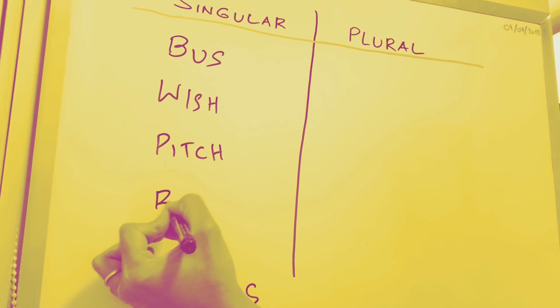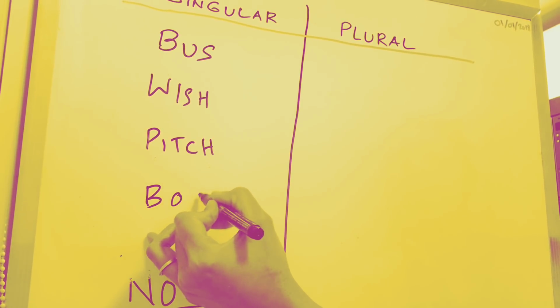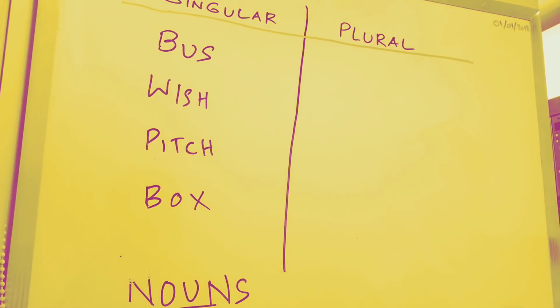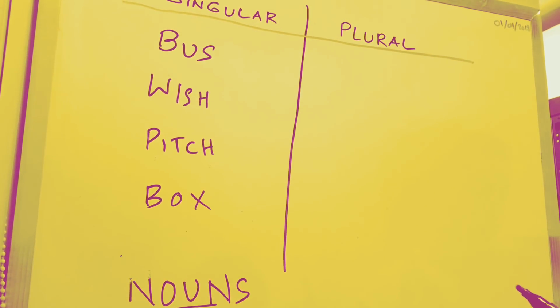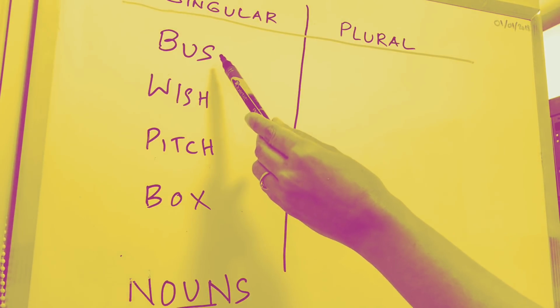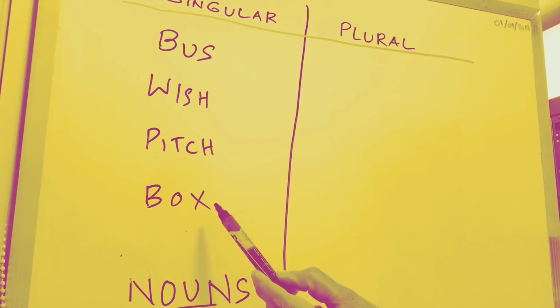So I'm writing everything in uppercase letters because it's just easy for you to understand and read. Okay, so these nouns, if you notice, they end with S, X, Z, CH, SH.